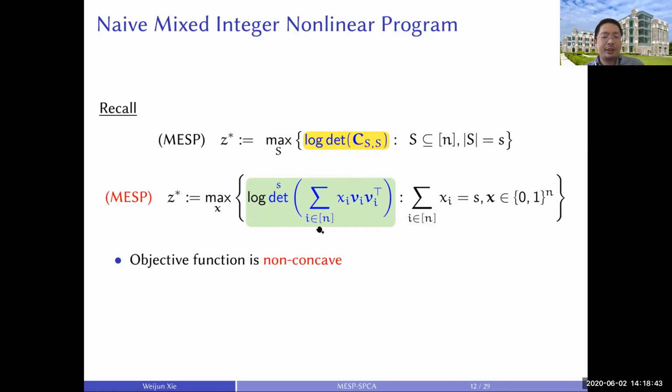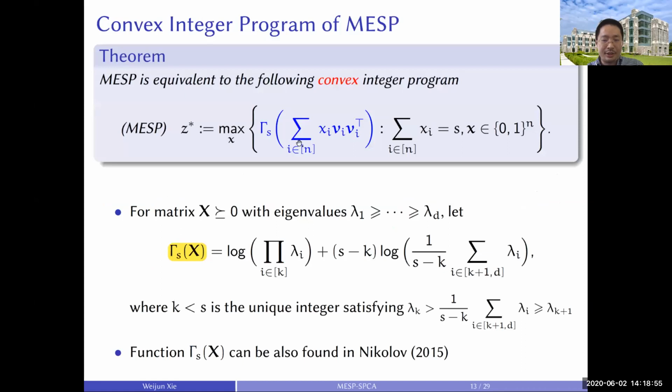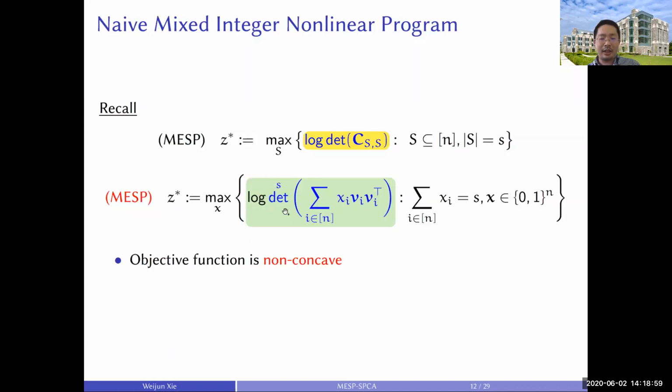Alternatively, we would like to derive a convex or concave envelope for this objective function. How can we do that? The high-level idea is that we can convexify it by deriving the convex conjugate of this log determinant S function.